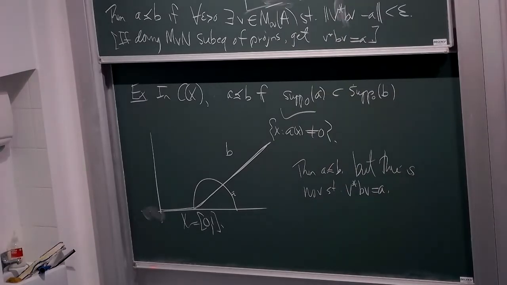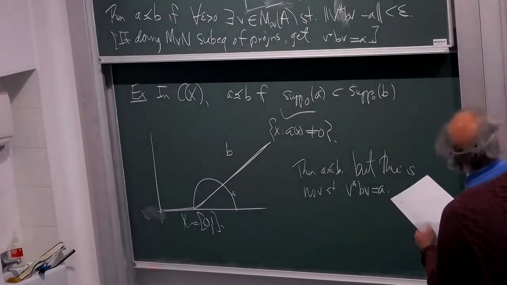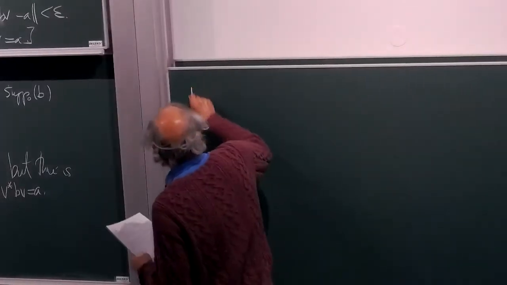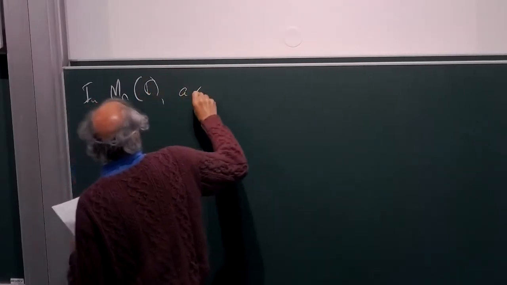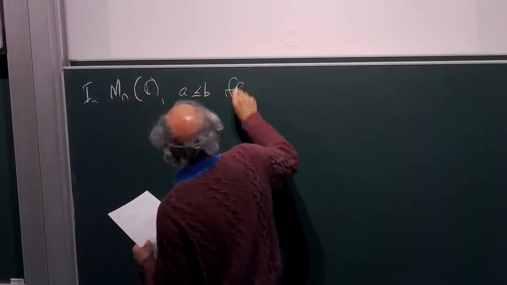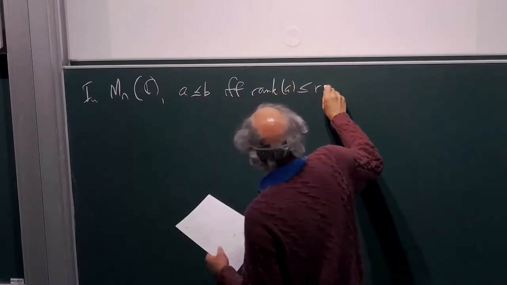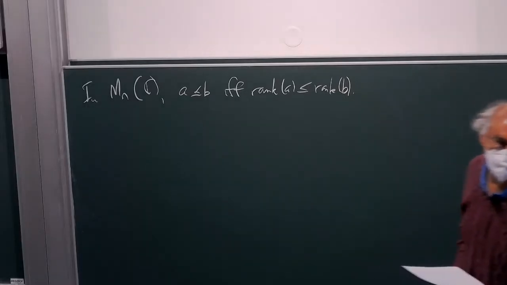And everything is much more complicated. Okay, so in the n by n matrices over the complex numbers, A is subequivalent to B if and only if the rank of A is less than or equal to the rank of B. That should be at least naively plausible.